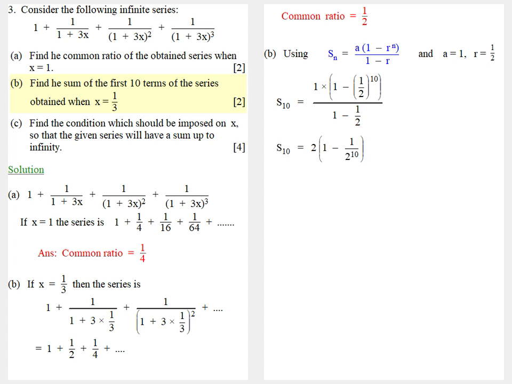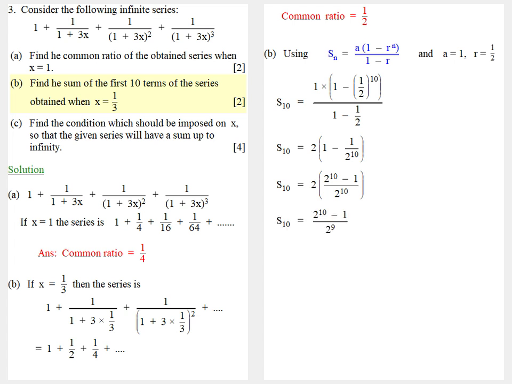Now if we divide by a half, that is the same as multiplying by 2. So S10 is equal to 2 times, in the bracket, 1 minus 1 over 2 to the 10. Now that can be written as S10 is equal to 2 into, in the bracket, 2 to the 10 minus 1, all over 2 to the 10.